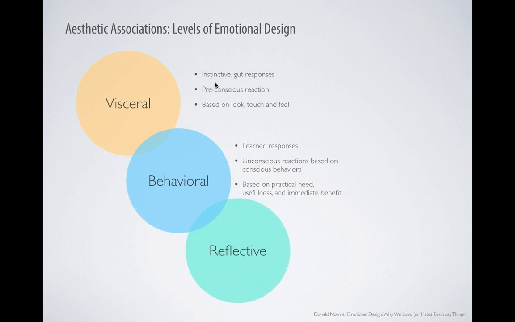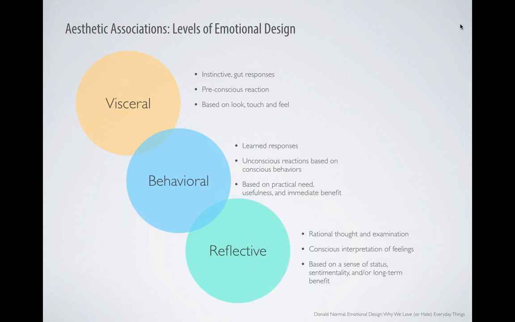They can be unconscious reactions because they're usually things that are really ingrained in us, that we've worked with or had in our lives to such an extent that we really don't think about it anymore. And again, based on practical needs and immediate benefits. I'm going to look at some examples of each of these in a minute, just to clarify what they mean. And then reflective design.